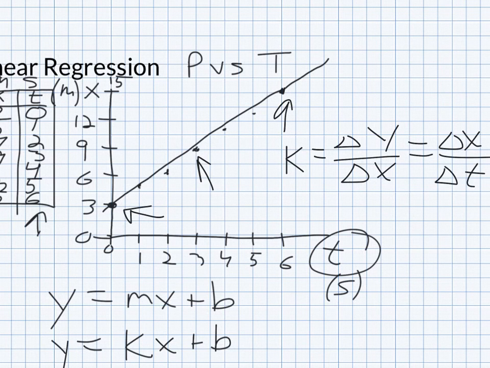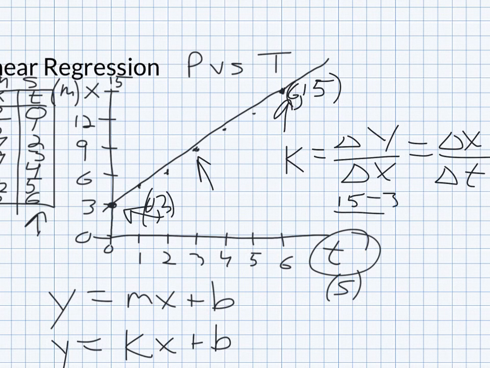So if I do the top values, the y value up here is a 15. The y value down here is a 3. The x value up here is a 6. And the x value over here is a 0, if we're doing xy notation. So we have 15 minus 3 on top.